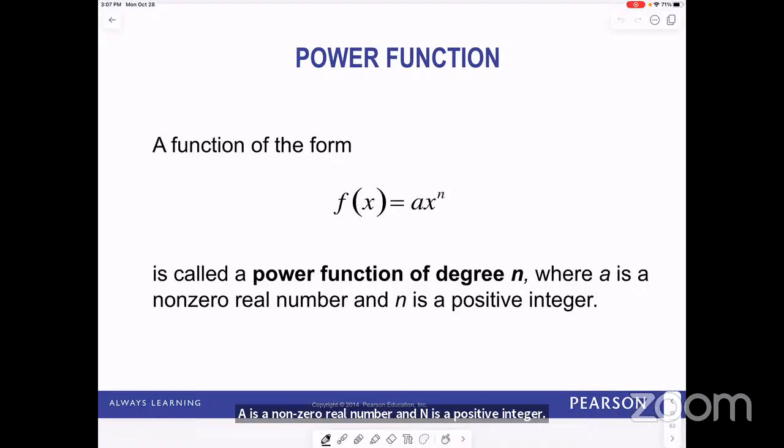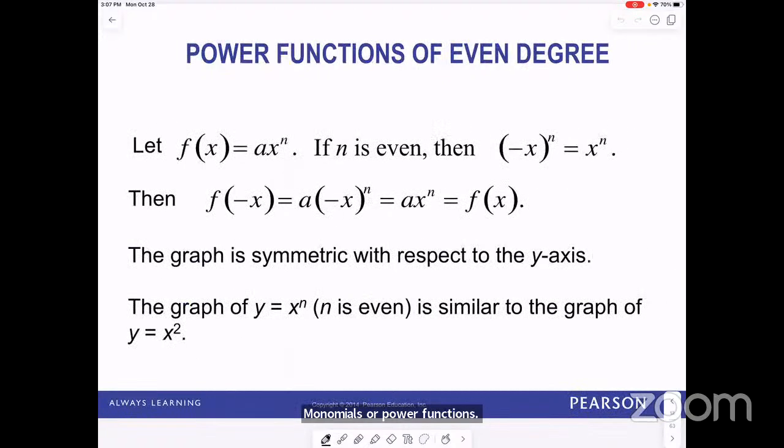Okay, power function. It's a subset or a derivative of a monomial. I want to say that all power functions are monomials. Let me see. Yeah, but not all monomials are power functions. Yeah. So anyway, you don't really need to know all that.